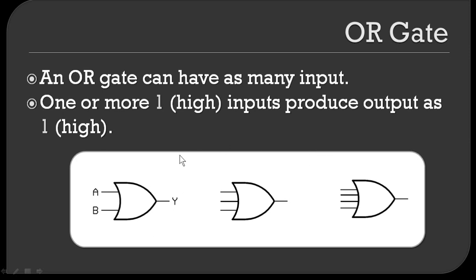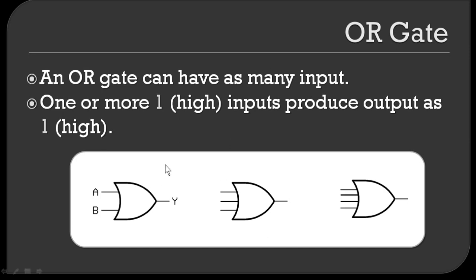You already know about the OR operator: if any one input is true, that is high, then the output is obviously high, that means 1. As I said before, it is represented with 0 and 1. If it is true, it is 1. If it is false, it is 0. So if any one of the inputs is 1, then the output obviously will be 1.